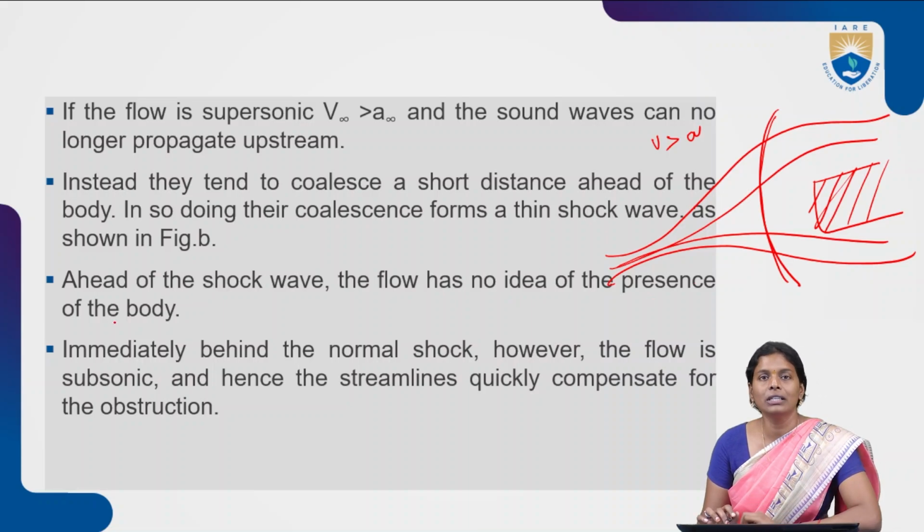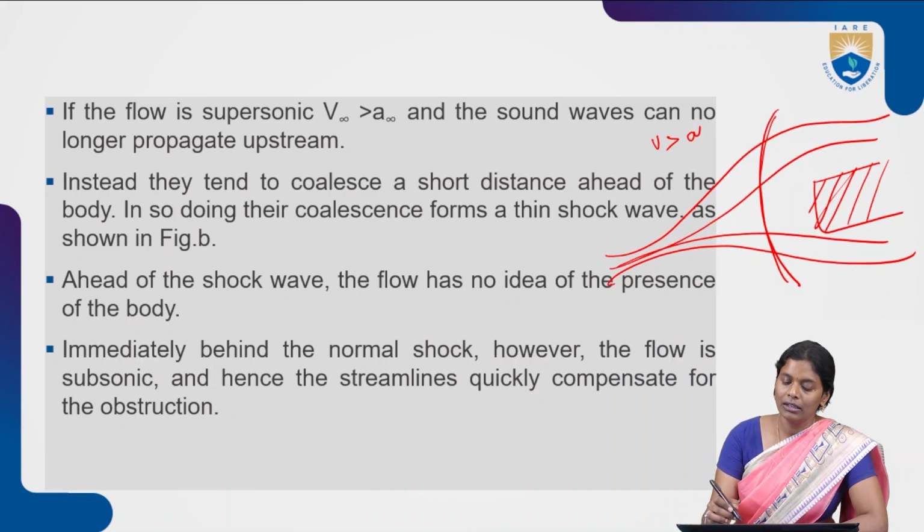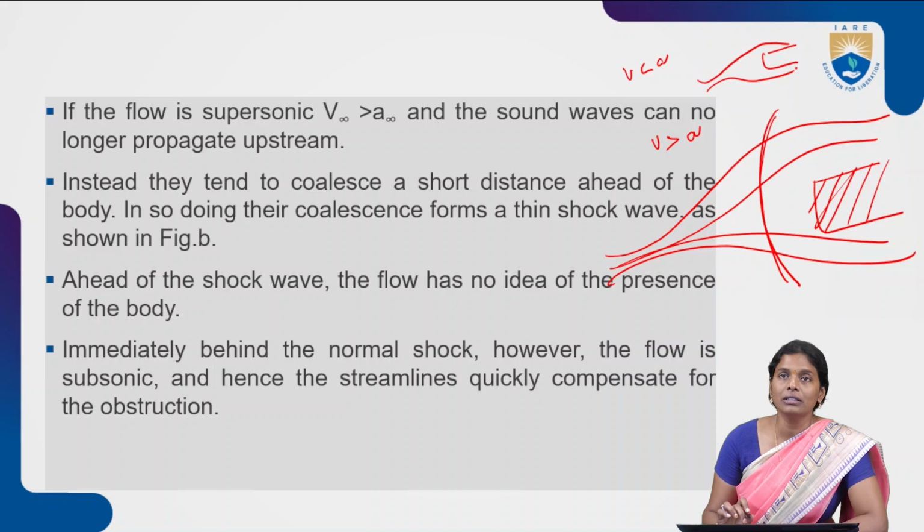What we saw previously is that when the velocity is less than a, the upstream flow has an idea of the presence of the body, so it changes its streamlines and correspondingly there are changes in the flow properties.